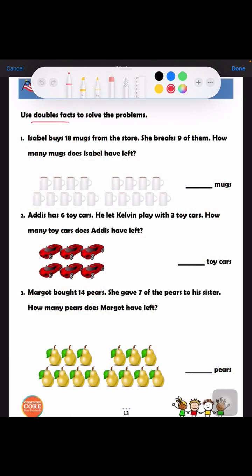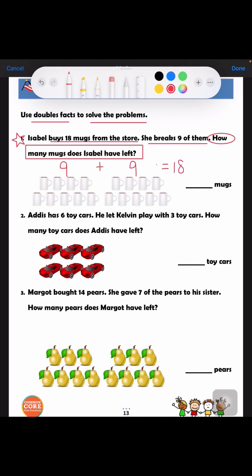Use double facts to solve the problems. So take a look at question 1. Isabel buys 18 mugs from the store. She breaks 9 of them. So how many mugs does Isabel have left? So take a look at the pictures below. On the left there are 9 mugs, and on the right there are also 9 mugs. We know that 9 plus 9 equals 18.